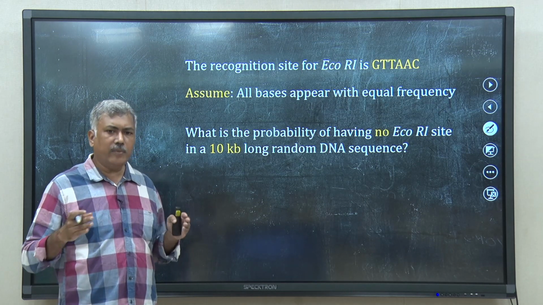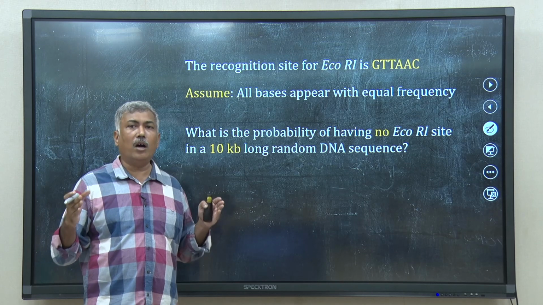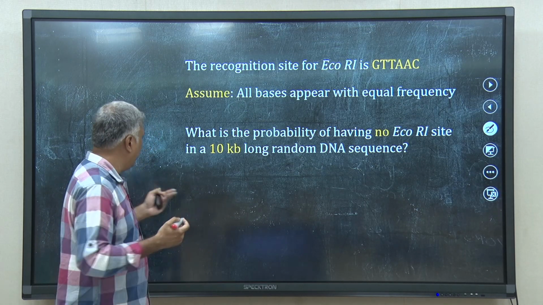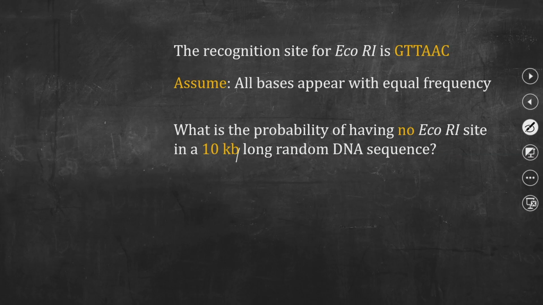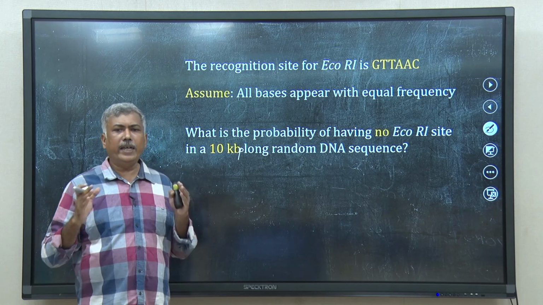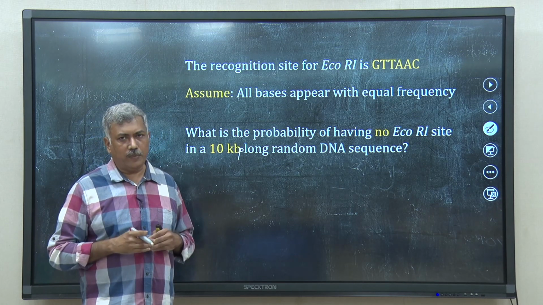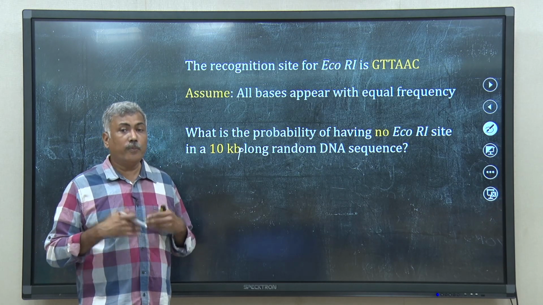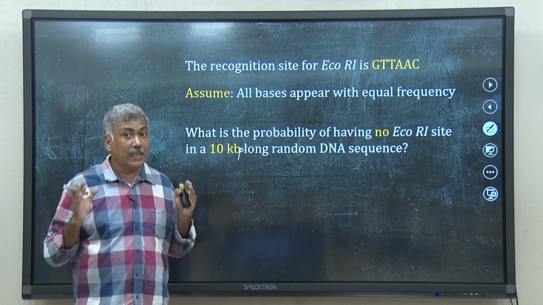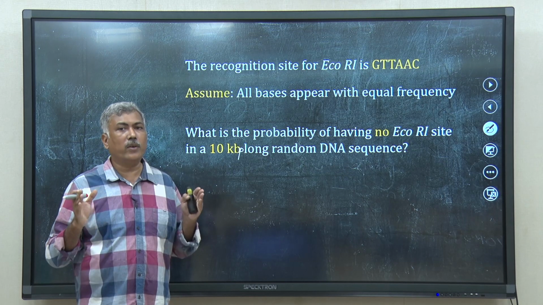Now, suppose I have given you a random DNA sequence of 10 kbp, kilobase pair, then what will be the probability that this random sequence of 10 kbp does not have any EcoR1 site?